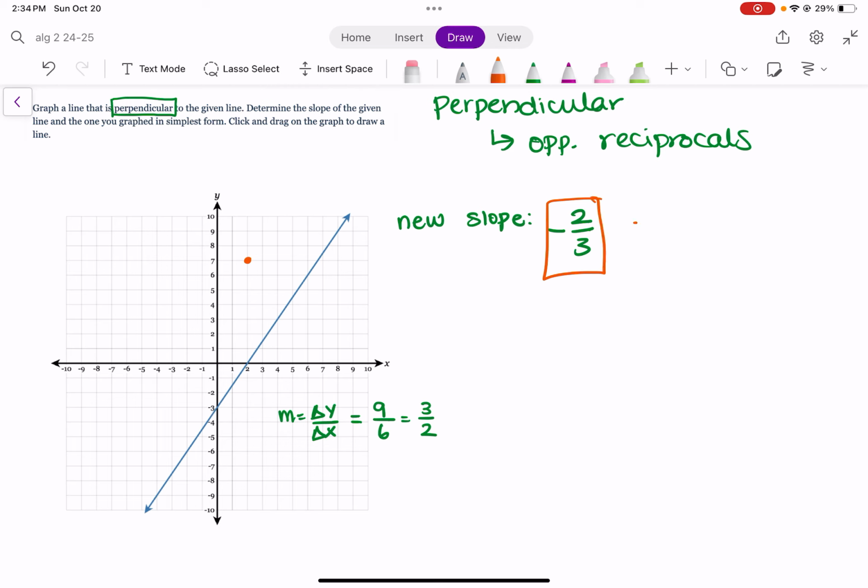So what negative 2 over 3 means is I'm going down 2, right? Because it's change in y, so it's down 2, and to the right 3. So I'm going down 2 and over 3. And if you notice, I can now use a straight edge. I don't have a straight edge. I'm just going to graph. You'll see that I have my perpendicular line because it does create that 90-degree angle. Okay, so try these questions and then let us know if you need help.